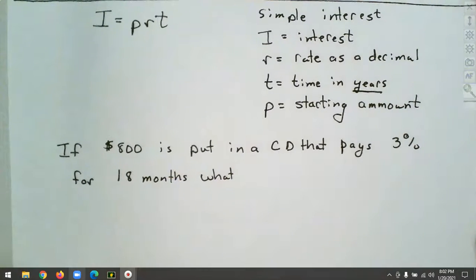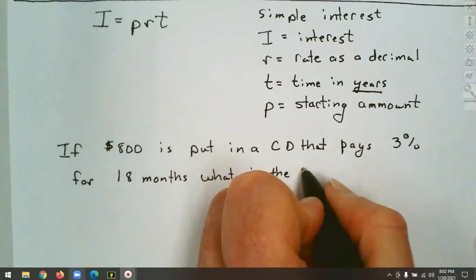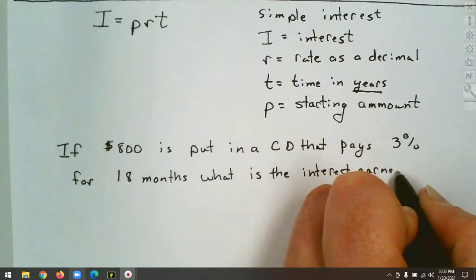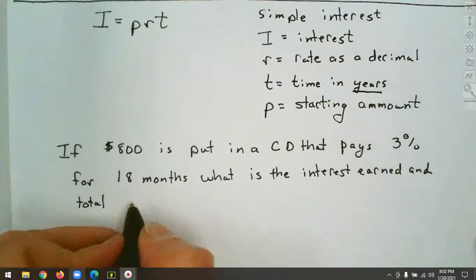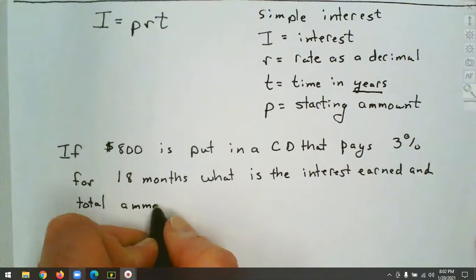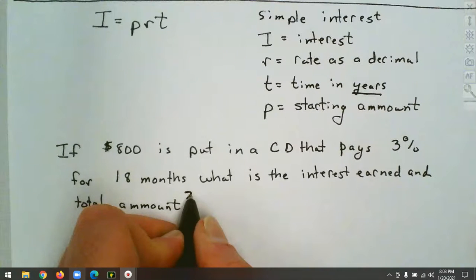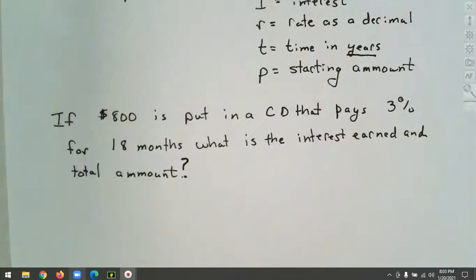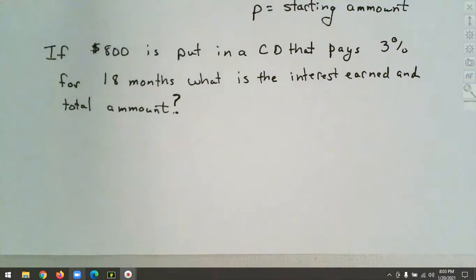What is the interest earned and total amount? So we're going to first find our interest, and then we'll add the interest to that $800, and that's going to tell us how much money we're going to have. So let's look at our pieces here.